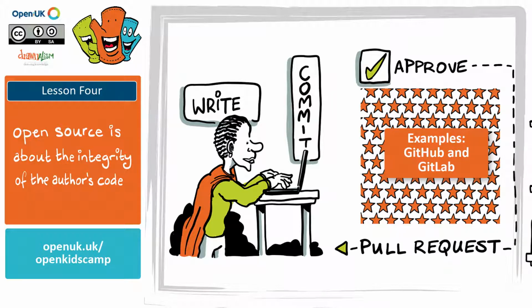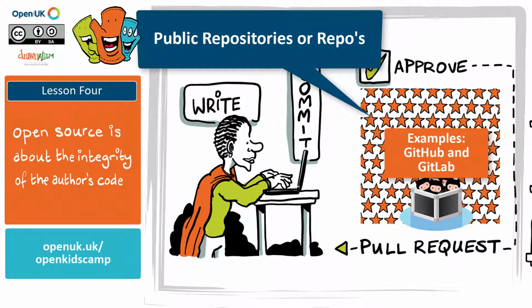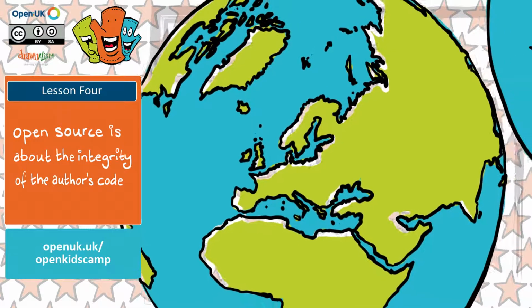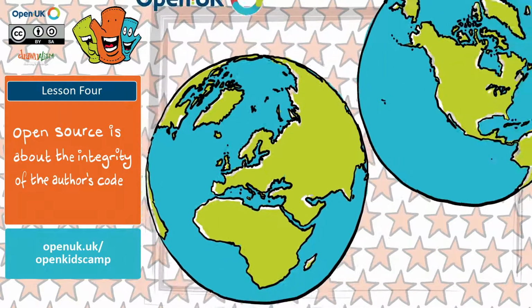Public repositories, or repos as we call them, can be seen by everyone who has an account. The public repos host thousands, in fact tens of thousands of projects, allowing distributed collaboration. This is how open source projects manage their projects.